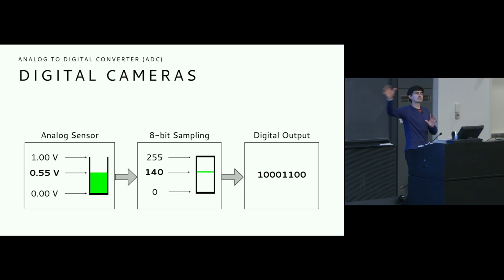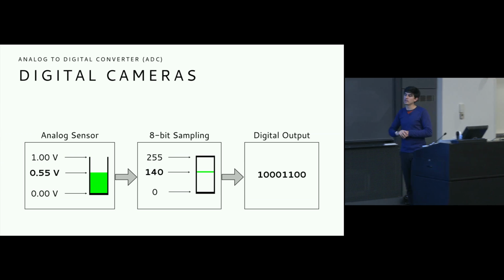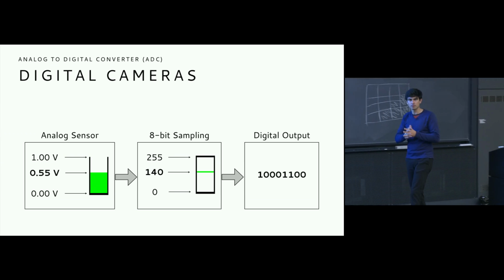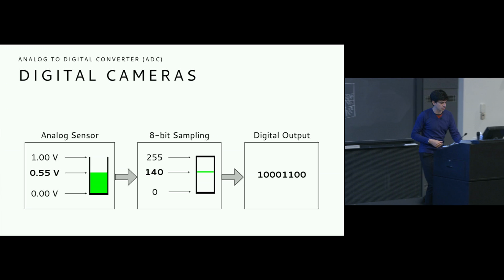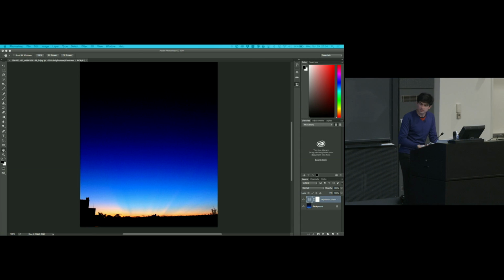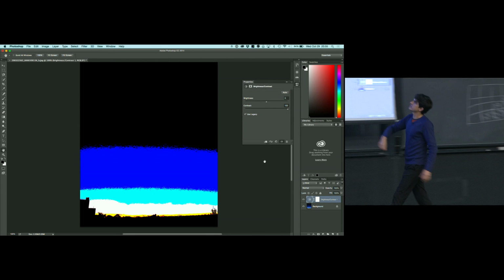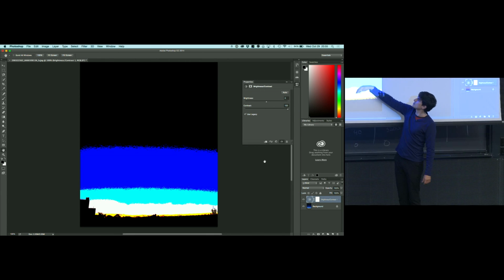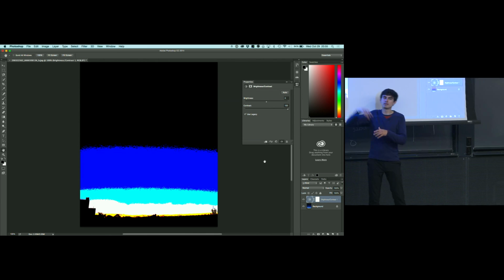At the most extreme, we can think of it as posterization. If we only had a couple of bits of information to take this sensor and convert it into a digital output, let's say we only had 4 bits or 2 bits of information, what this essentially means is that our nice looking gradient is going to become posterized, because we can either accept black or white or maybe 2 values of blue. So this is the most extreme version of it.